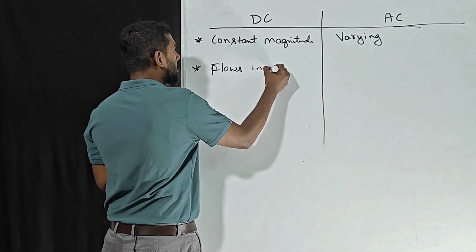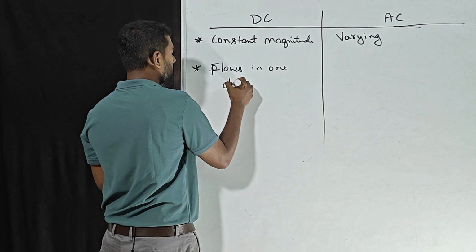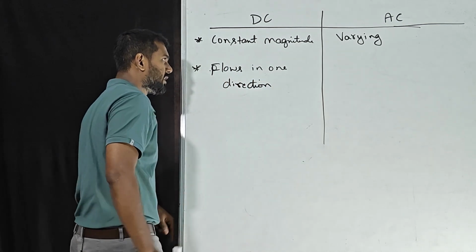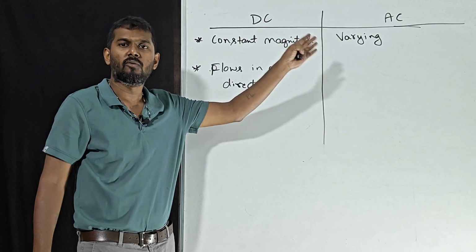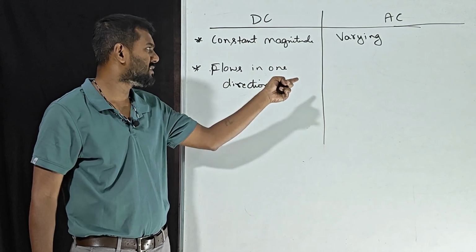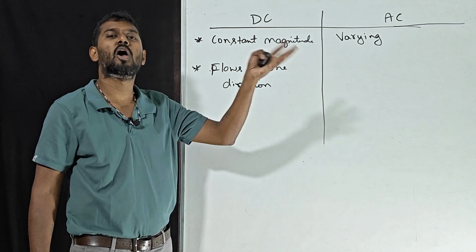DC flows in one direction. AC we can write as flows in both directions, or you can write it as it reverses its direction periodically.